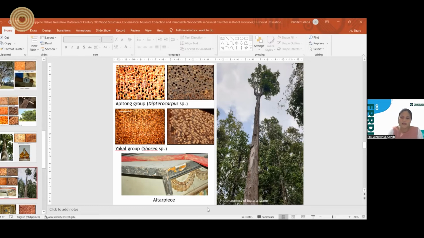They are also hard and heavy, and also possess paratracheal parenchyma. So the ceiling of the baptistery, some of the structures, the altar piece, the choir loft, and the Holy Bible stand are made up of this species.